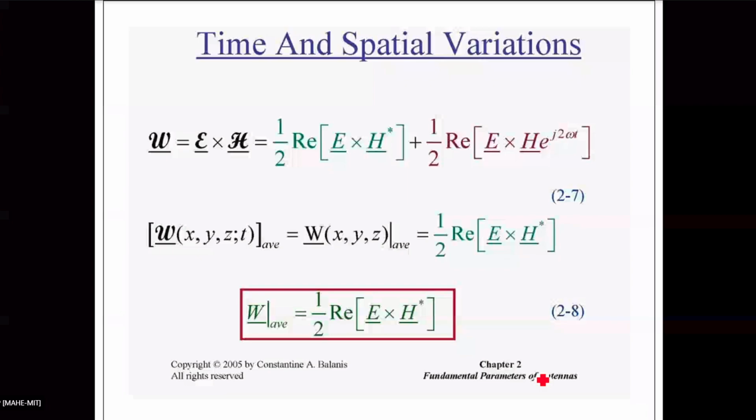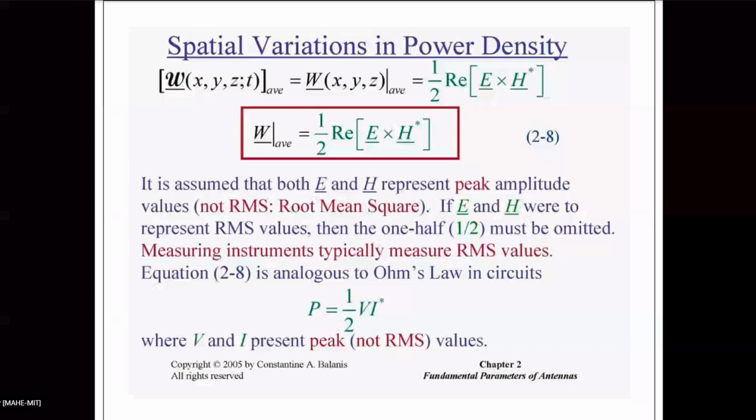So, spatial variation of power density. I didn't mention that half. Why does that half come into the picture? See, the real part of E cross H star. E and H are magnitudes, but in electric circuits, you know, we take the RMS value of V into the RMS value of I, V I cos theta.